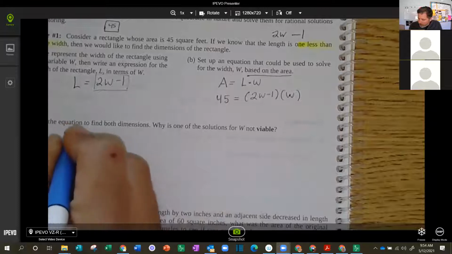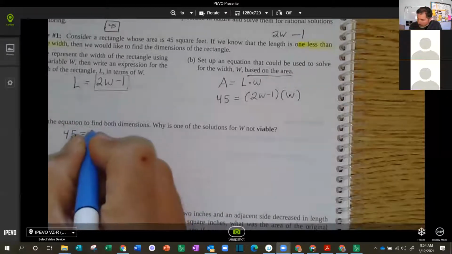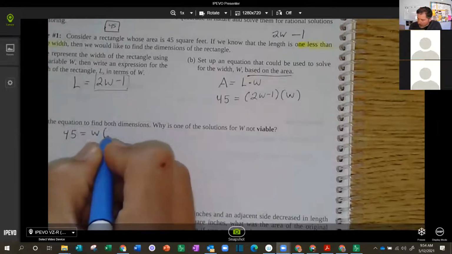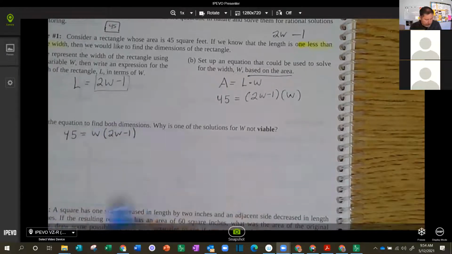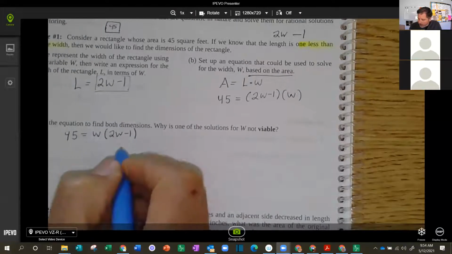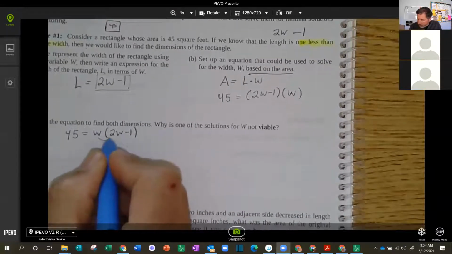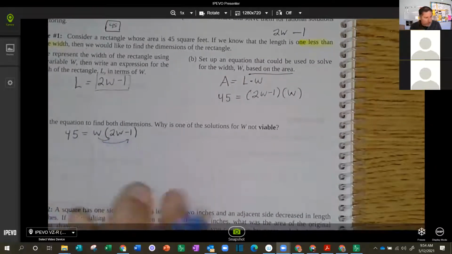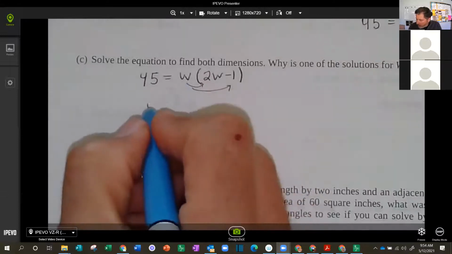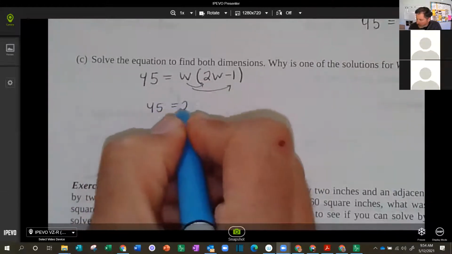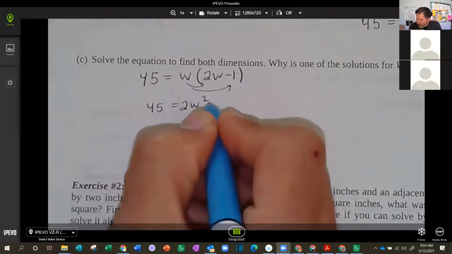So we rewrite the equation: 45 equals, and I'm going to write the w first. Usually we write the single variable in front, w times 2w minus 1. In this case, I'm going to distribute the w into both terms. I can zoom in here if that helps. And I get 45 is equal to 2w squared minus w.